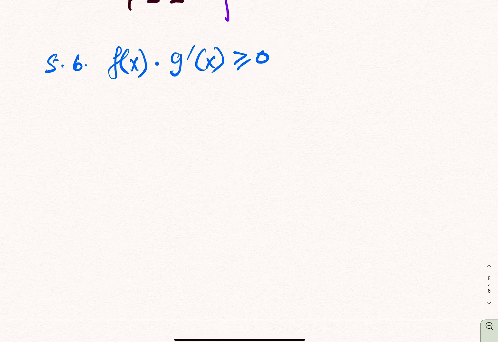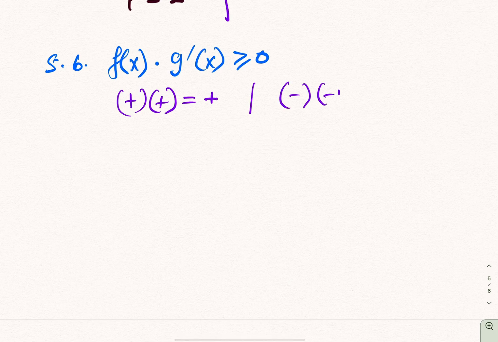There are two cases here. It's either when you multiply positive with a positive, you get a positive. Or if you multiply negative times a negative, this is going to be positive as well.